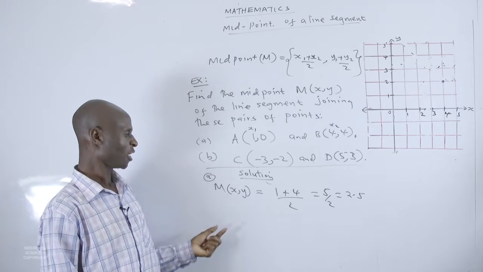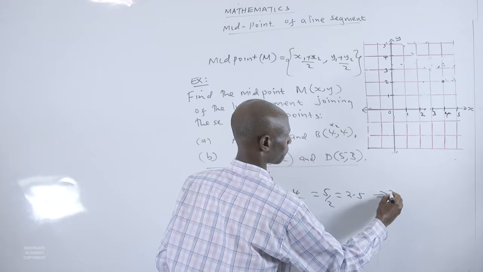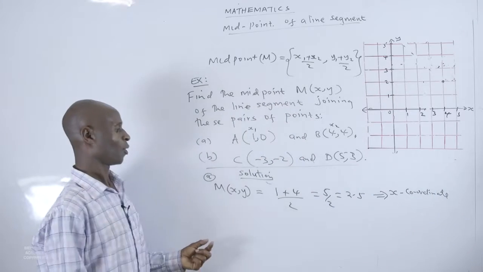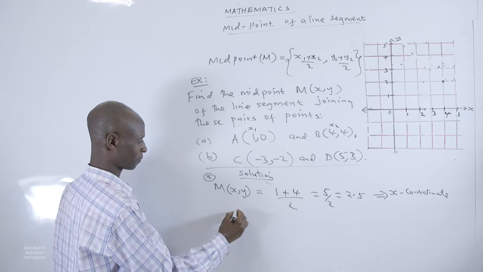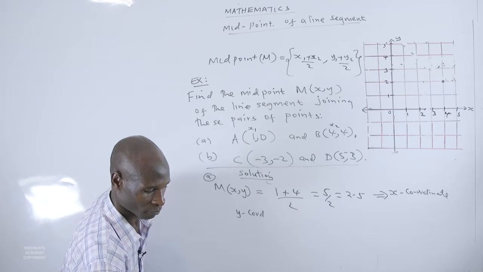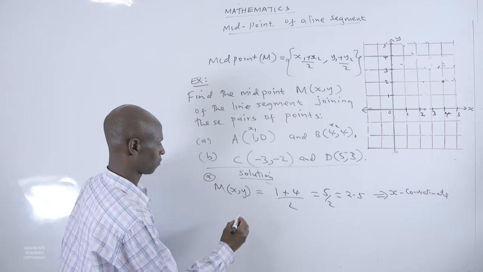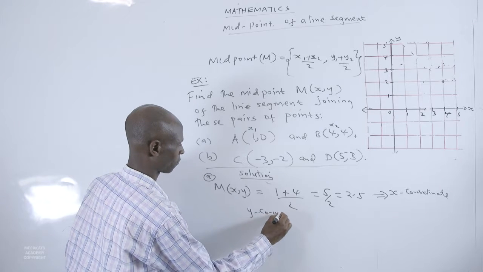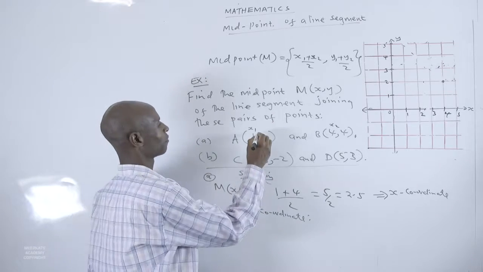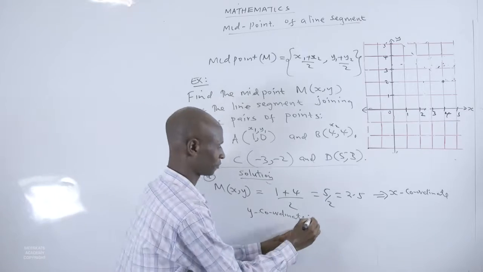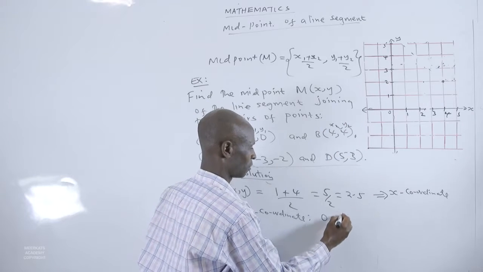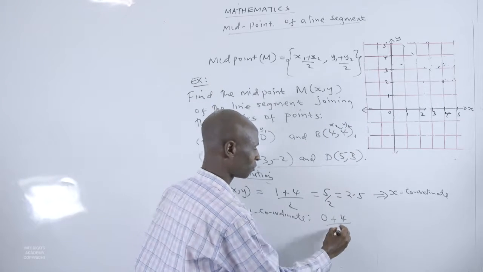Then we need to get the y coordinate. We shall take y1, which is 0, plus y2, which is 4, divided by 2.